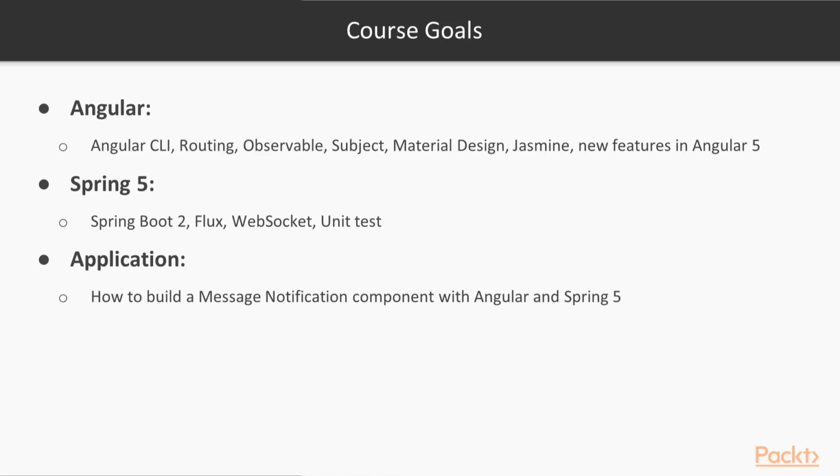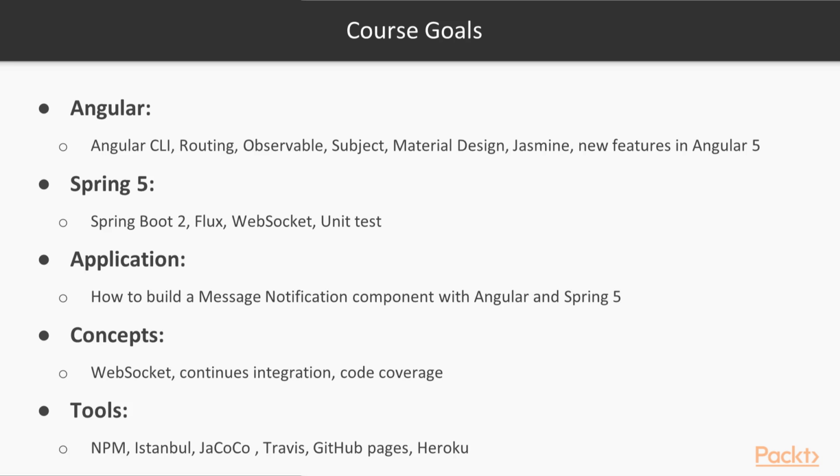And then learn how to build a messaging notification application with Angular and Spring 5, give you some concept about WebSocket, continuous integration, and code coverage, and in the end, show you some tools like NPM, Istanbul, JaCoCo, Travis, GitHub Pages, and Heroku.